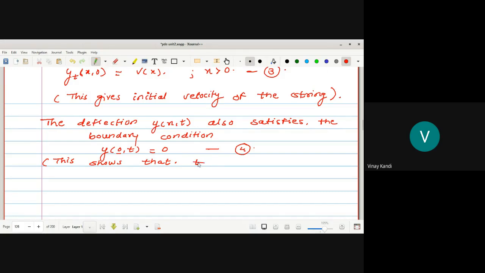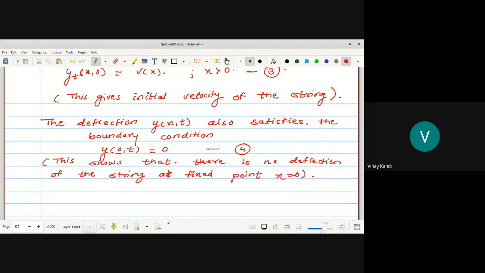There is no deflection of the string at the fixed point x is equal to 0.